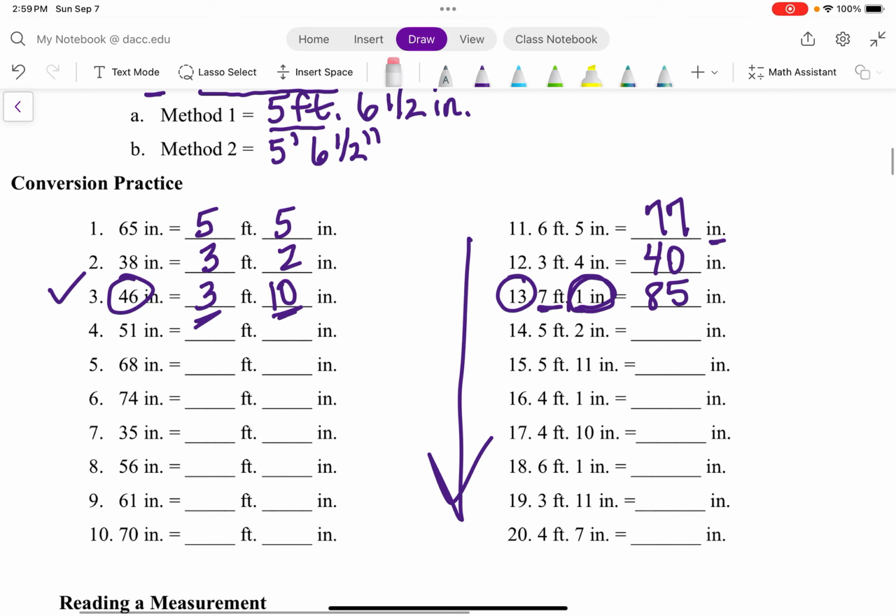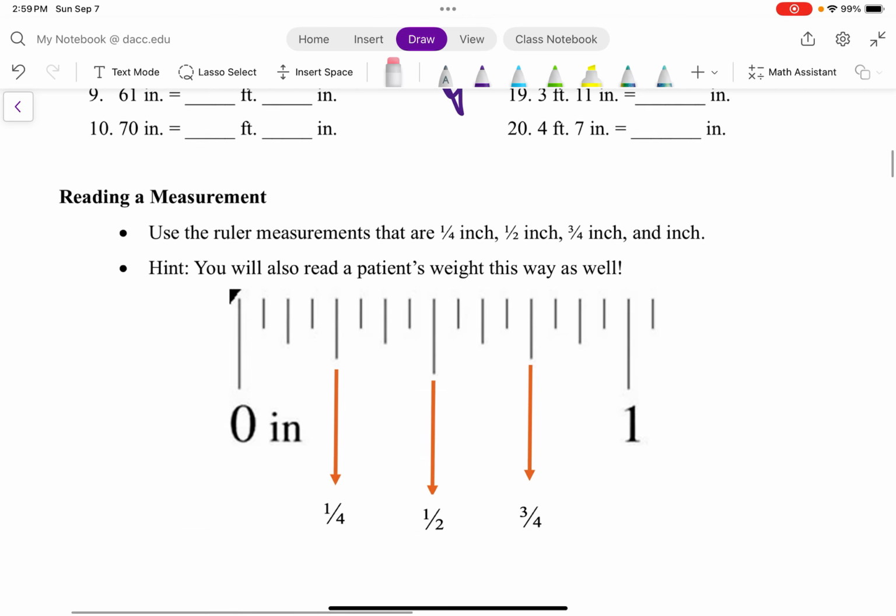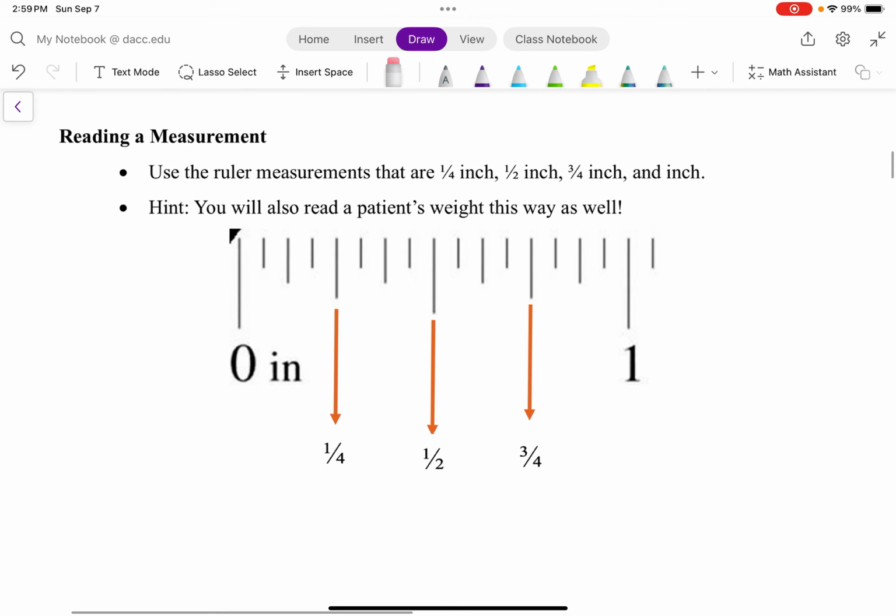So now we're going to go and look at how to read a measurement. This measurement is basically looking at a ruler. This method also is going to help you be able to read a patient's weight as well. So let's look at this ruler.